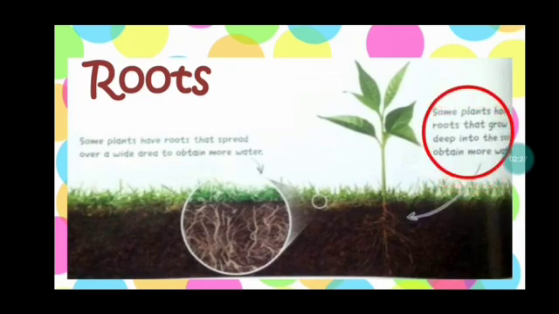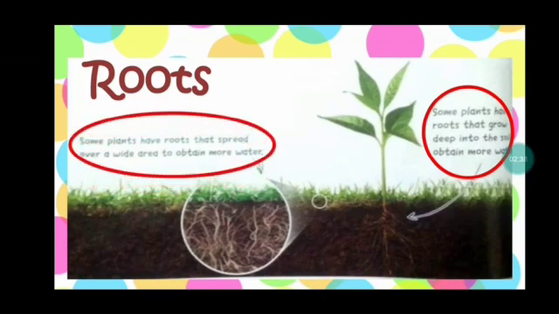Some plants have roots that grow deep into the soil, tumbuhnya ke dalam into the soil. Other plants have roots that spread over a wide area. Ada yang menyebar. What for? They have the same purpose, to get more water.